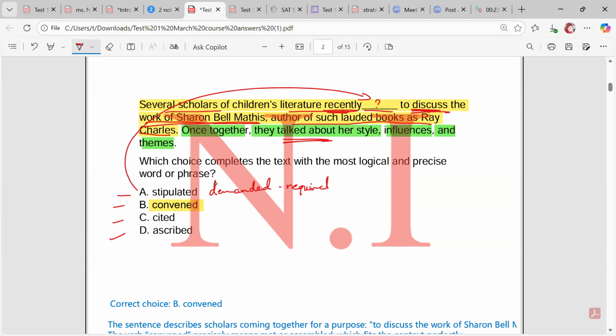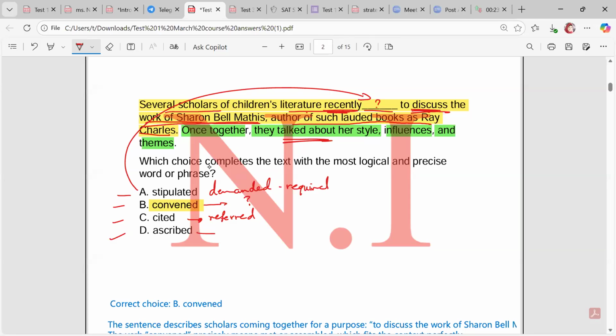Several scholars of children's literature recently demanded to discuss, or required to discuss the work. No, no one required, no one demanded. Convened, what does it mean? If you don't know, keep it. Cited means referred to discuss. Ascribed, what's the meaning of ascribed?